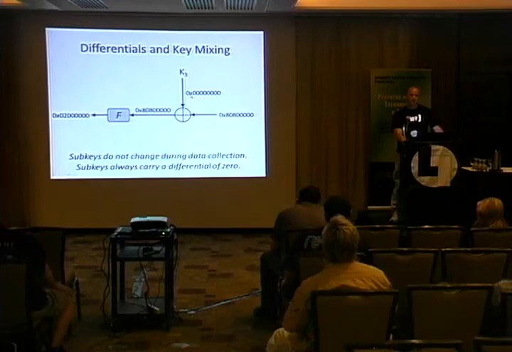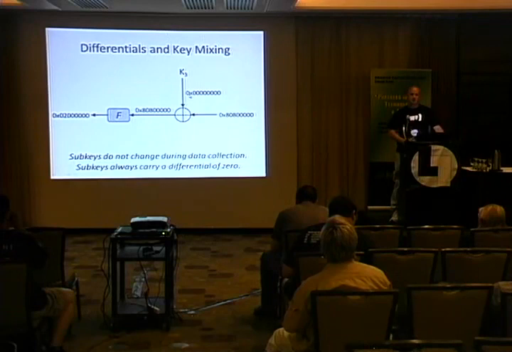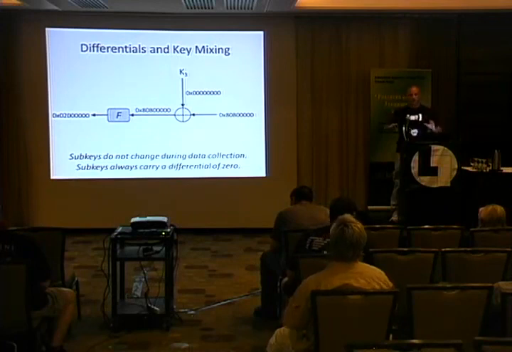Keys are interesting because they have a differential of 0. When you have these pairs of plain text that you're encrypting, and they carry a differential, the relationship between them as they go through the cipher, the keys don't change. So if I send this one bit of plain text through, I encrypt it, then I send the next bit of plain text through and I encrypt it, the keys didn't change between those 2 operations.